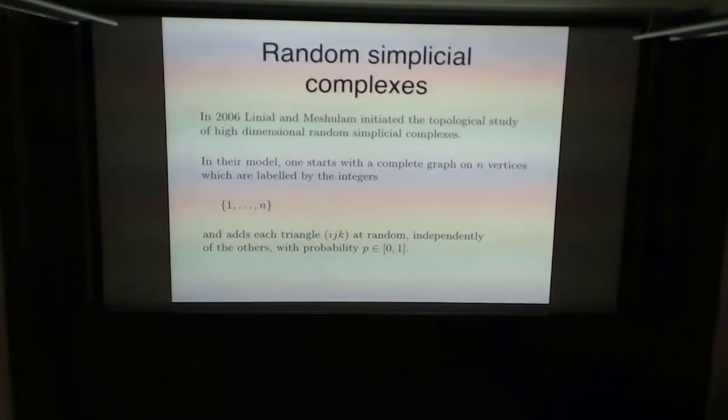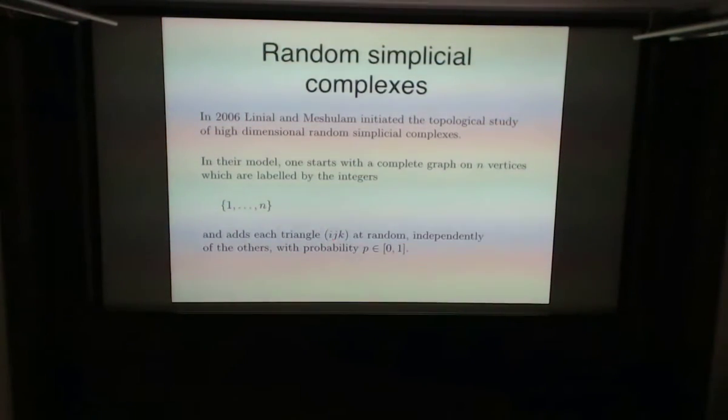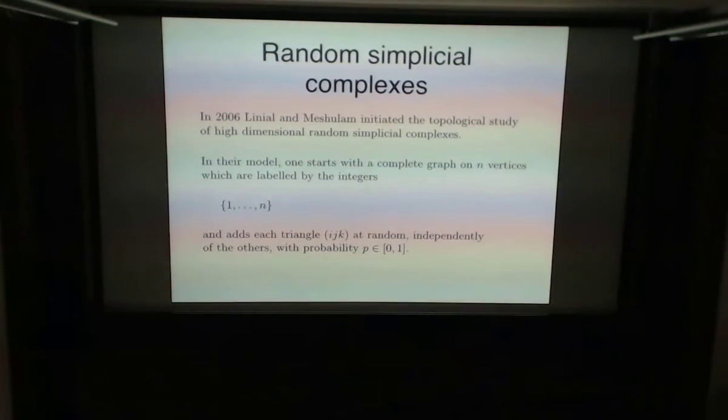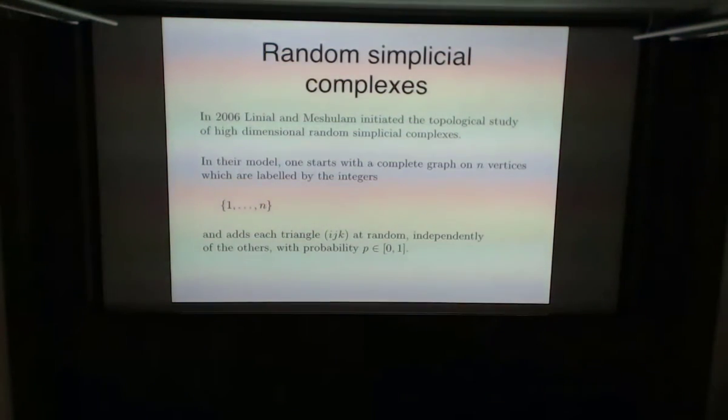So each triangle is a random variable. We include this triangle at random independently of the others with probability p. So p is a parameter which is fixed from the beginning. So we obtain a random simplicial complex of dimension 2.